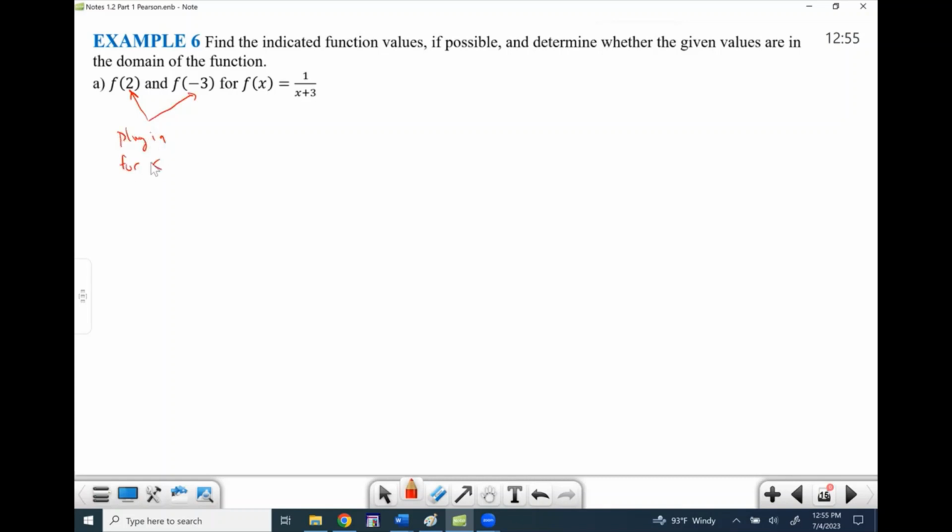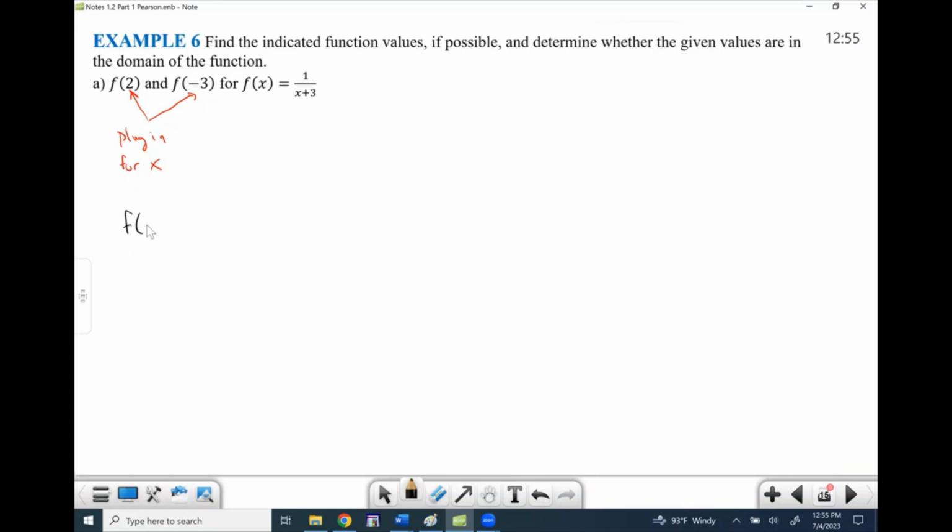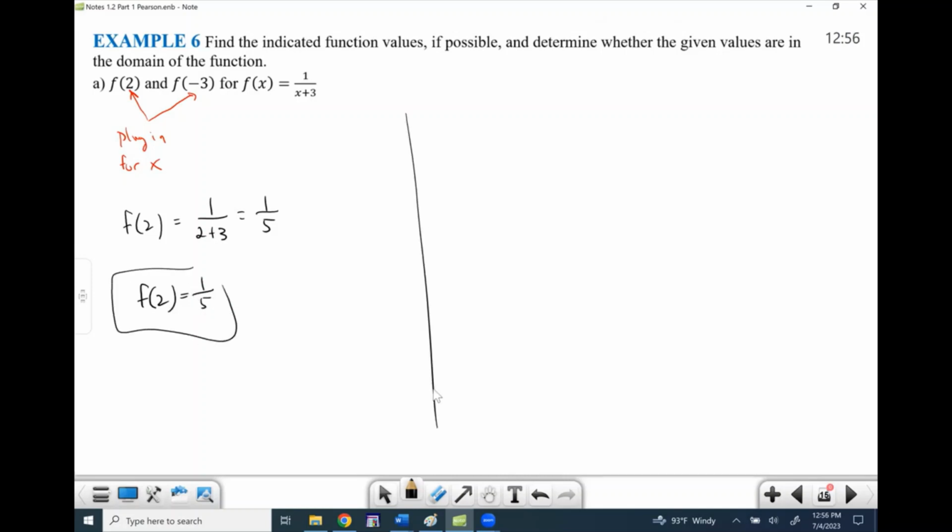Okay, let's start off with getting f of 2. So I'm going to substitute in 2 for the x, and that ends up getting me 1/5. So f of 2 equals 1/5. Okay. Let's go ahead and substitute in the -3.